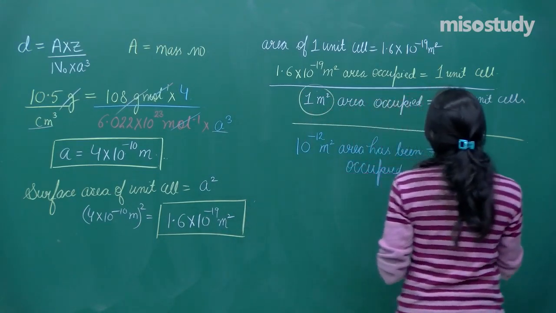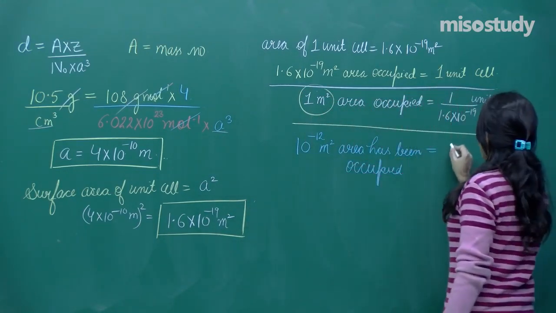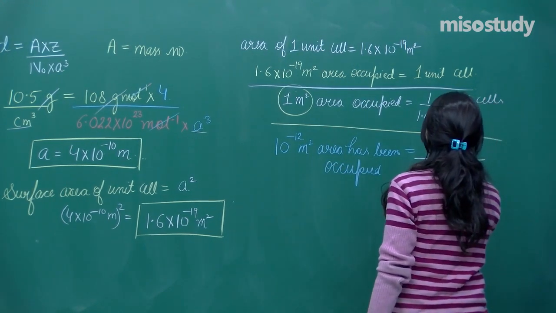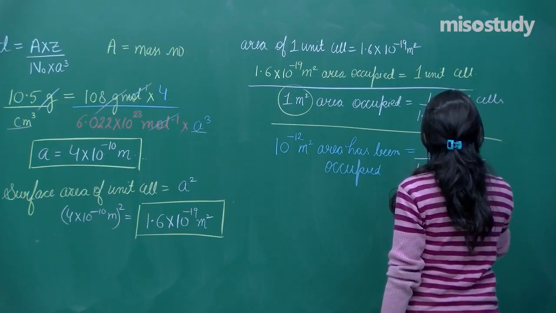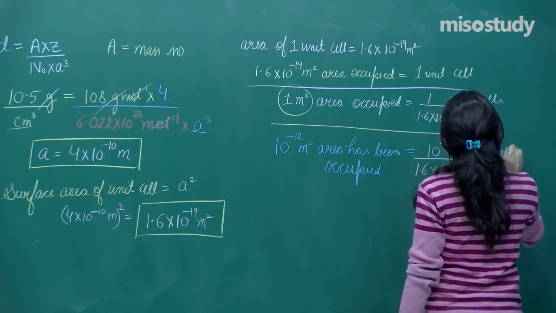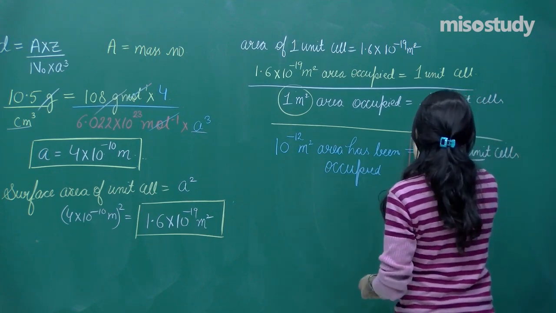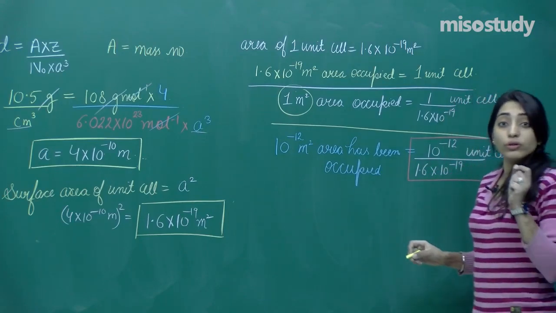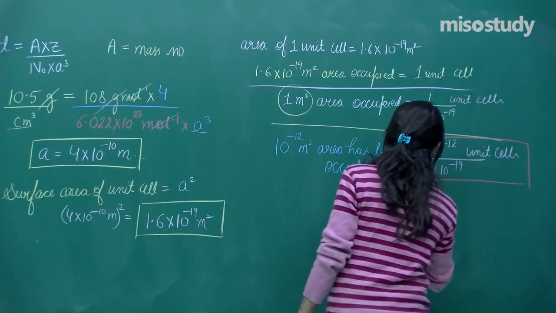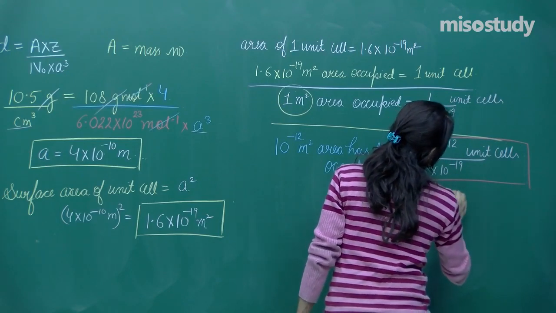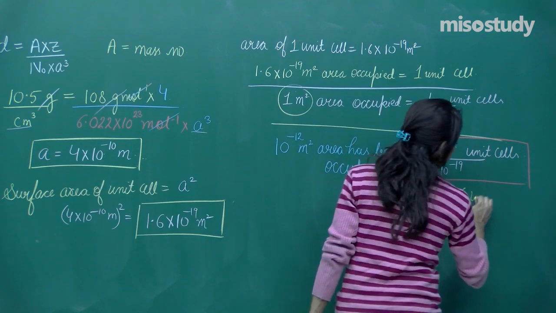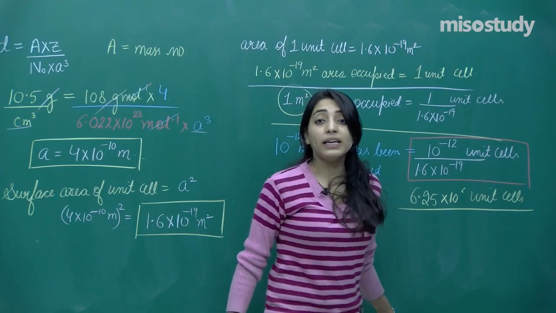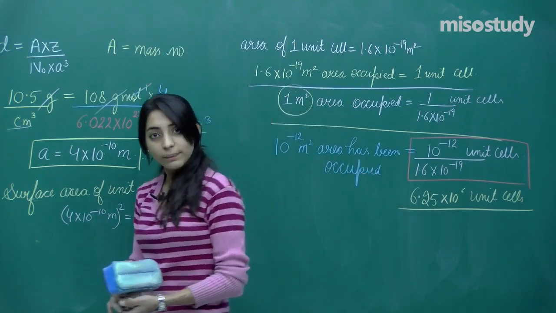The number of unit cells will be 10 raised to the power minus 12 divided by 1.6 into 10 raised to the power minus 19 unit cells. Let me just enclose it in brackets. And if I ask you to solve it, you will end up getting the value 6.25 into 10 raised to the power 6. Oh my God, these many unit cells will be present, okay?